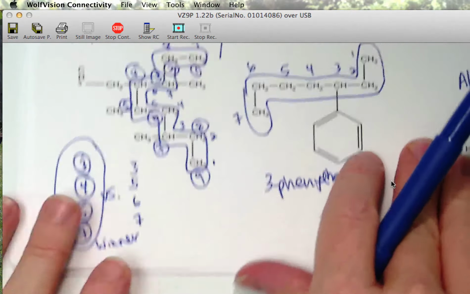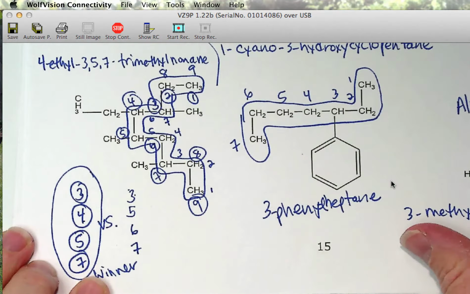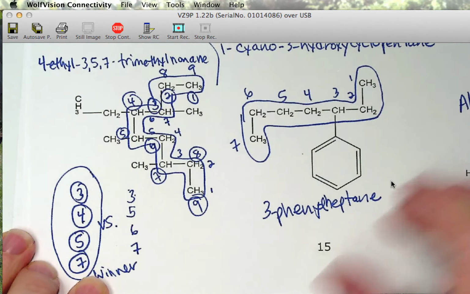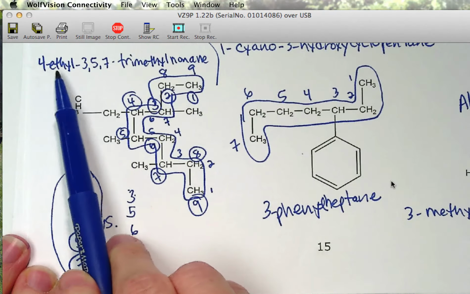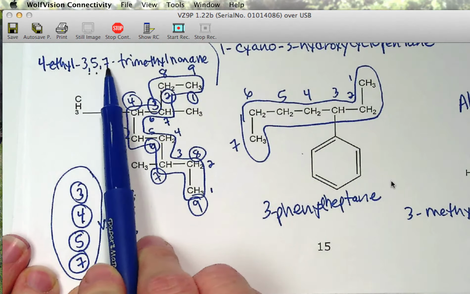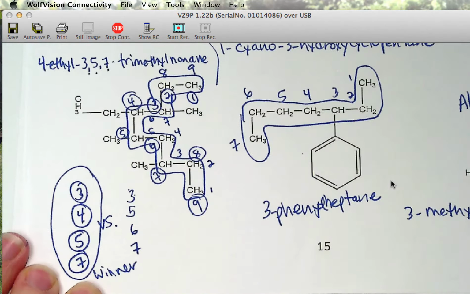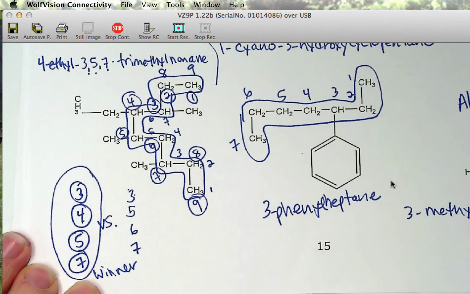Questions about these that we went over? I'm trying to name that. What's that? First name for that. Oh, right here: 4-ethyl-3,5,7-trimethylnonane. I know it's not in the usual location. In that circumstance, we're numbering it so that not just the substituents have the lowest numbers, but I'm trying to remember.